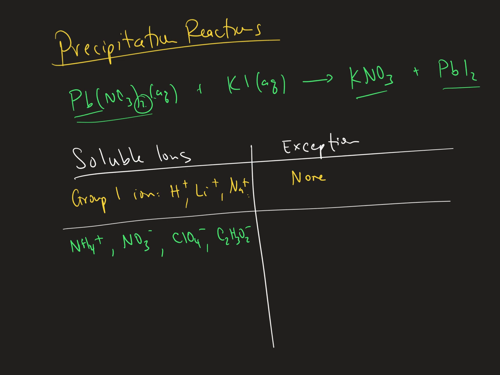Yeah. And there's no exceptions here as well. So far, so good. No exceptions. We like that. So ammonium is the only polyatomic cation, right? And then nitrates, chlorates, perchlorates, and acetates. Always soluble.